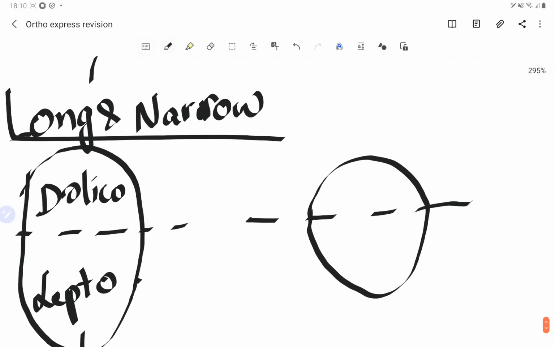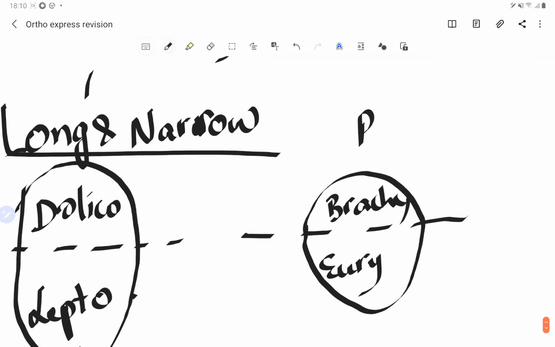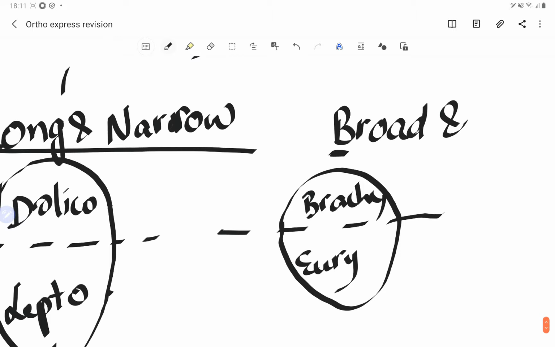Broad and short head is brachycephalic, and broad and short face is euryprosopic.